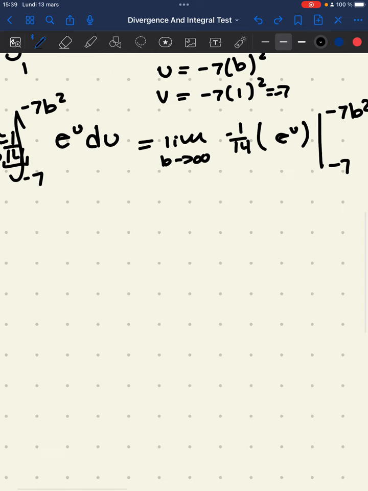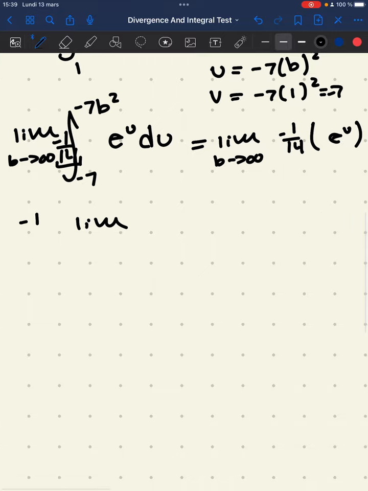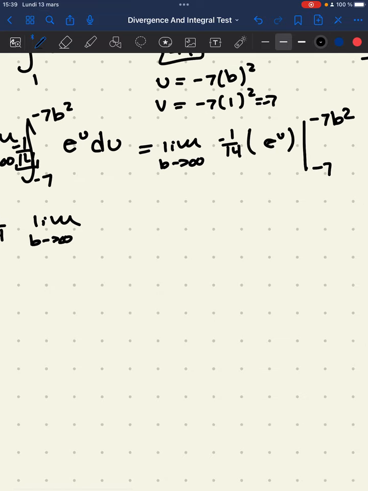Let's see. So limit, we can take out the negative 1 over 14 because it's just a constant. So it's b approaches infinity. And it is e to the u with your new bounds, negative 7b squared over negative 7.